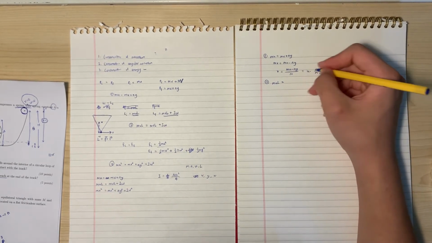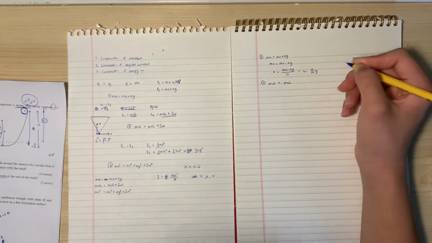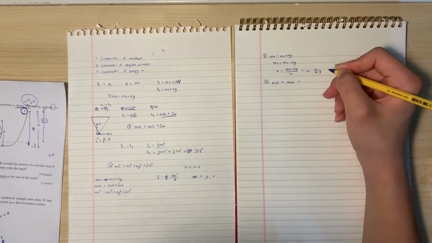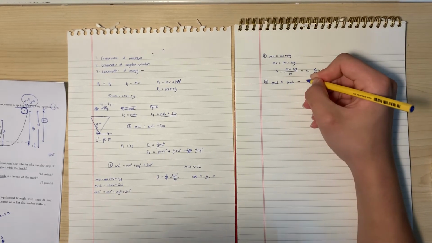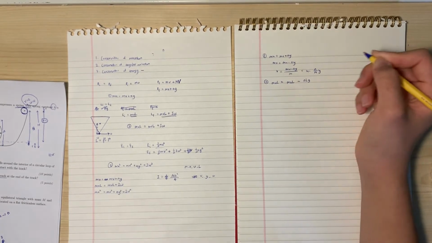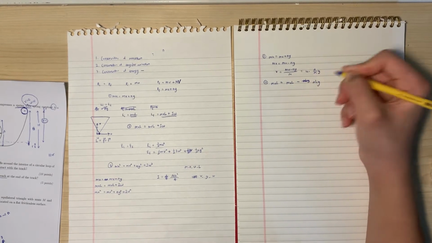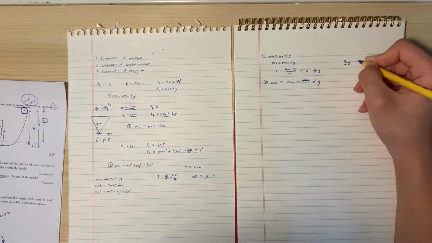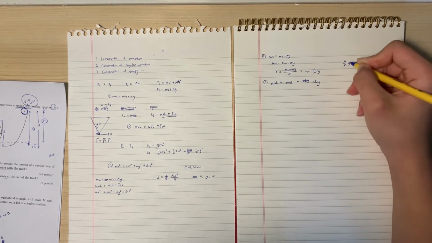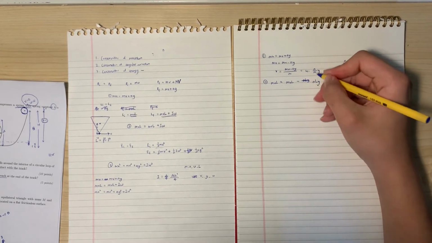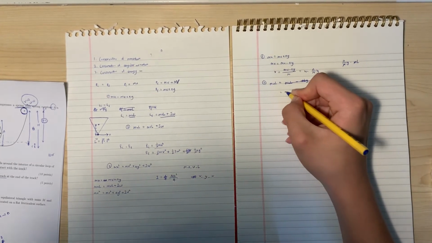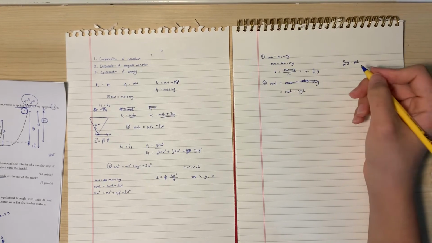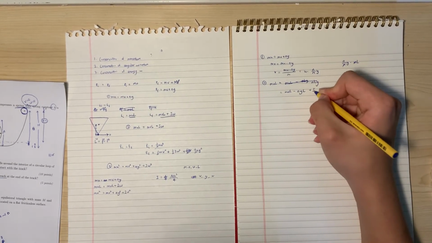So ml times this, which is going to be mul minus ml times n over m times y, which is nyl. So mul minus nyl, and also plus I omega.